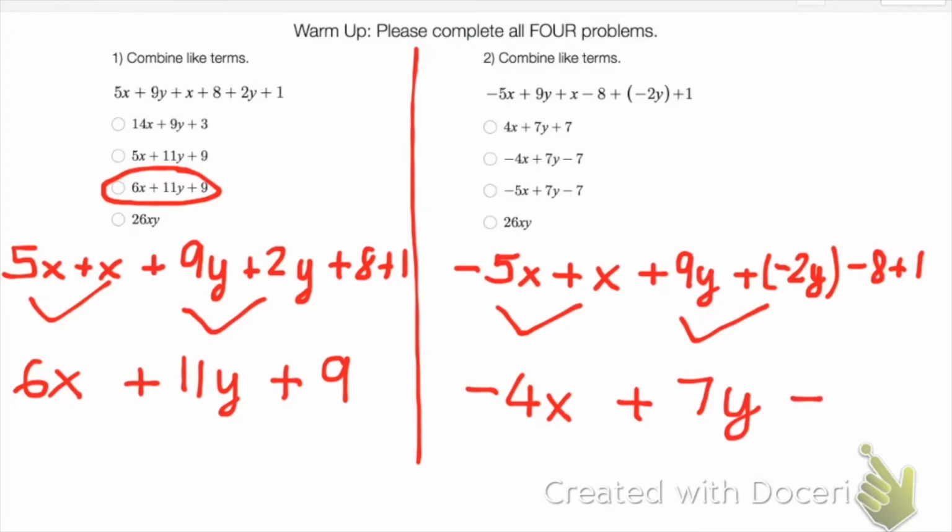Negative 8 plus 1 equals negative 7. So negative 4x plus 7y minus 7. So the answer is going to be the second one.